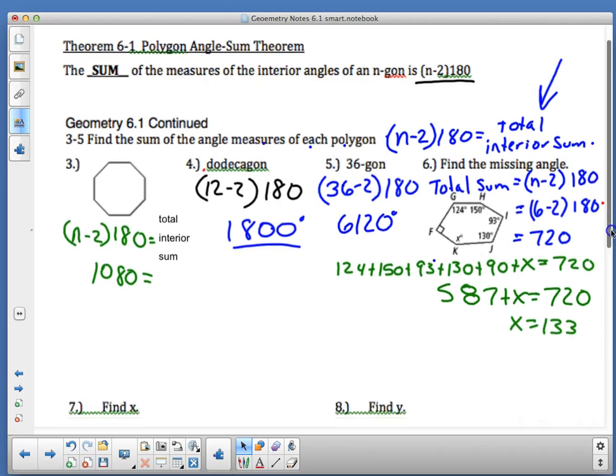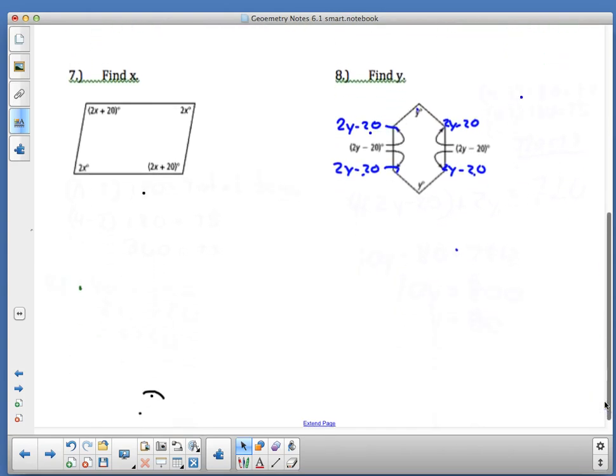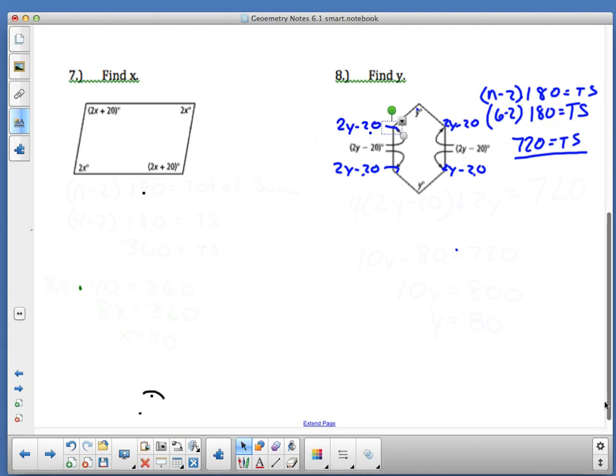Now, knowing that, check out 8. Let's look at 8. This looks pretty darn involved, but if we keep in mind, I count up the number of sides, it's 6. I pop it into n minus 2 times 180 and it gives me the total interior angle sum, okay? And I know that's 720. I now use my algebra skills to realize that, hey, this is 2y minus 20, 2y minus 20, 2y.